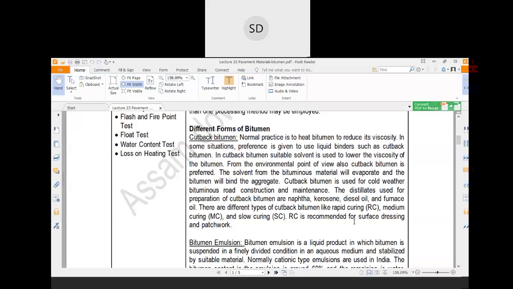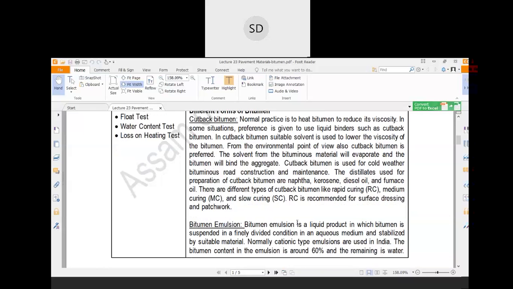Rapid curing is recommended for surface dressing because it cures very fast, which is very effective, and the pavement surface becomes useful in a much shorter period of time.